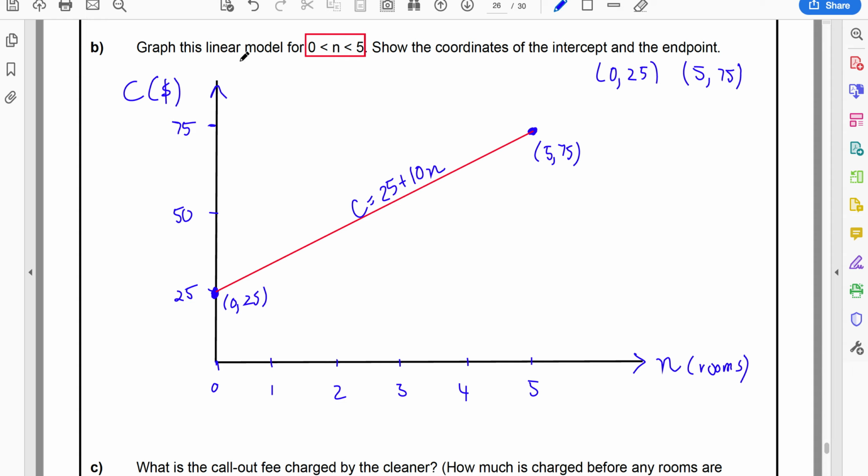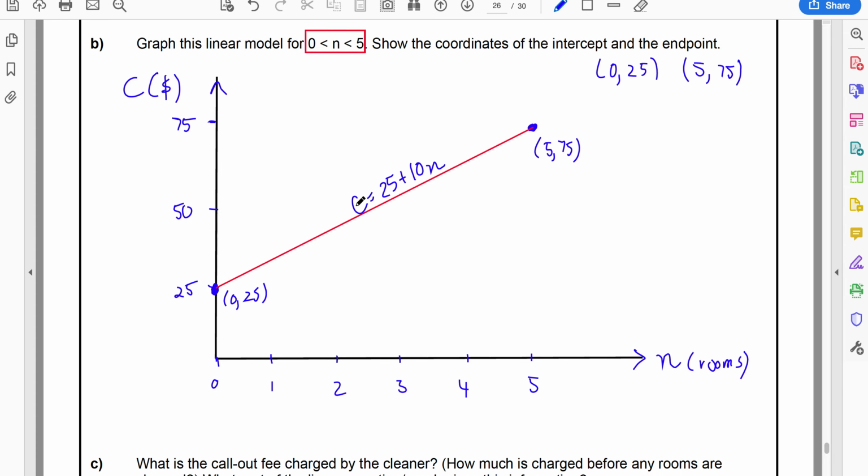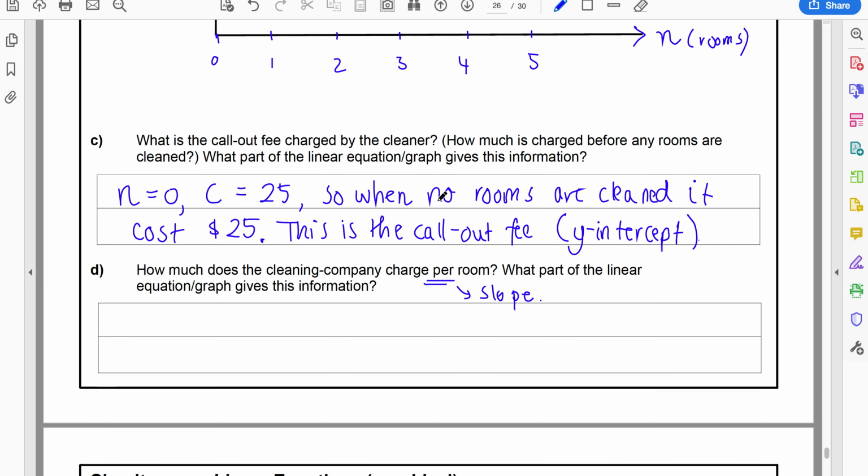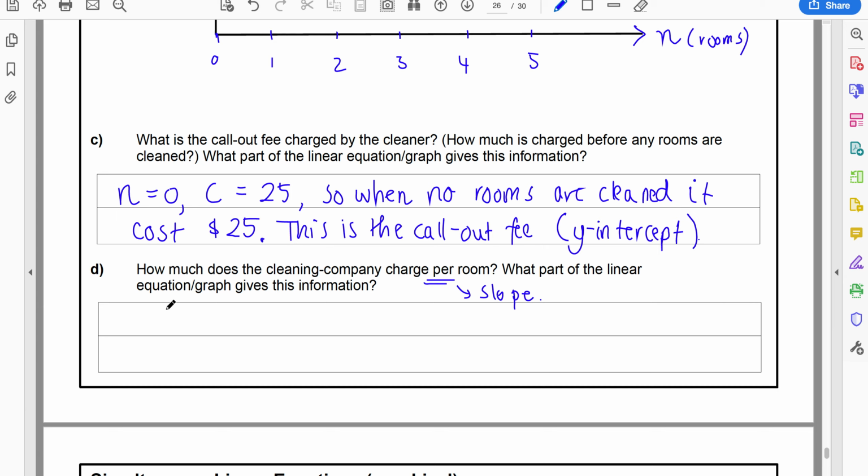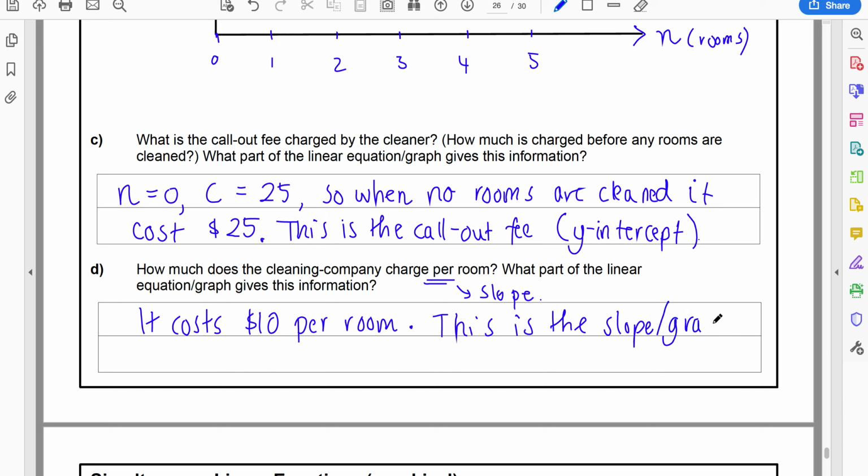That matches the information that we had above. So the cost is $10 per room. It says what part of the linear equation gives this information? It is the slope, or gradient.